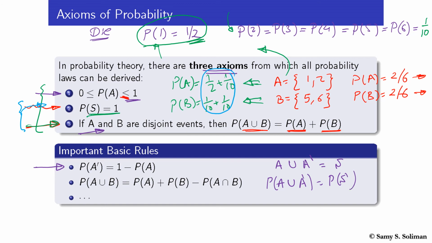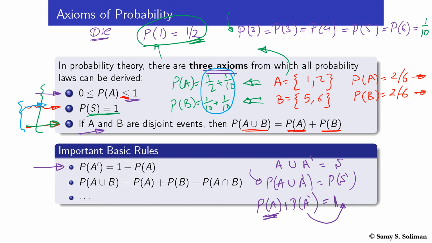However, since A and A dash are mutually exclusive, axiom 3 says that this will be the probability of A plus the probability of A dash. And from the second axiom, the probability of the sample space is equal to 1. So the probability of A will be equal to 1 minus the probability of A complement, or the other way around, the probability of A complement will be equal to 1 minus the probability of A.